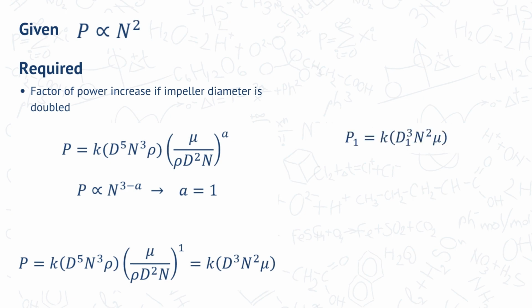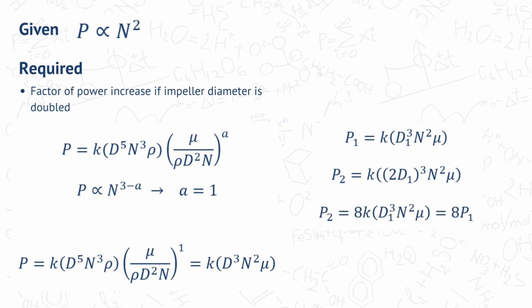Therefore, if the diameter increases, our new P must follow a relationship of a power. For example, if the diameter is doubled, we can follow this, and then 8 can be taken out from the original expression. Therefore, the power increases 8 times if the impeller diameter is doubled.